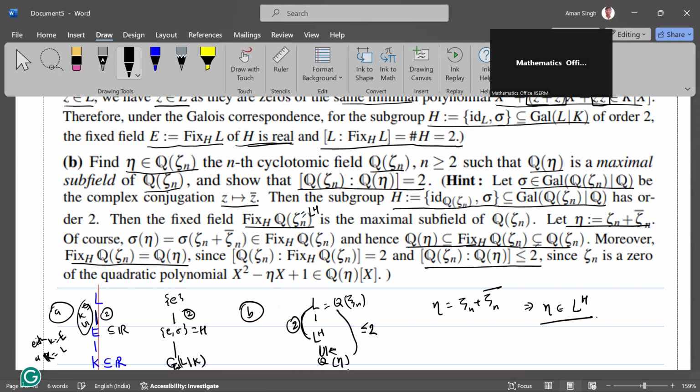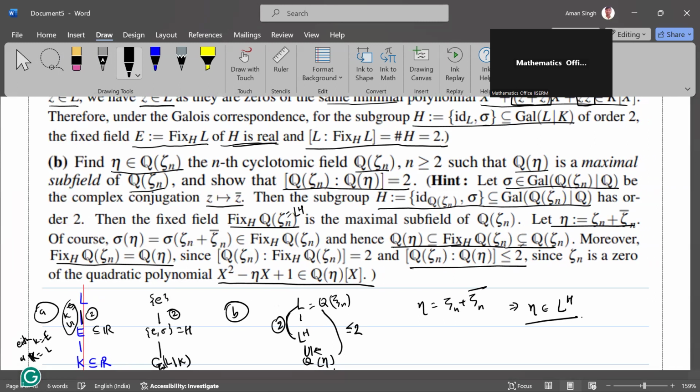This is equal, because zeta satisfies this polynomial over Q(eta). Okay, so that's all. This implies Q(eta) is equal to L^H.